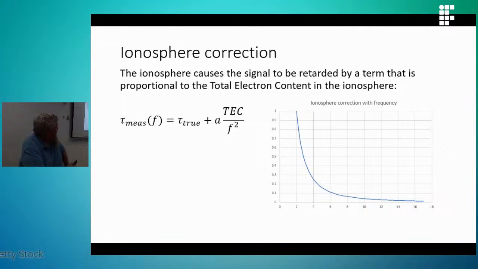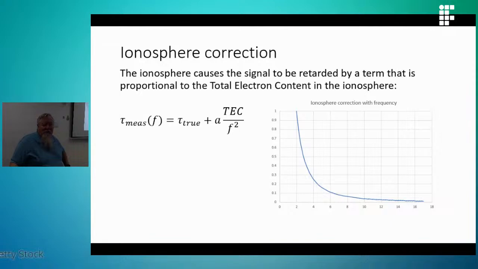And here is the formula for it. I have the measured delay equals the true delay, plus this thing that goes like 1 over f squared. And here's a chart that shows the ionosphere correction. You can see that this dies off very quickly. So one moral from this is that if you observe at higher frequencies, the ionosphere correction is going to be less.